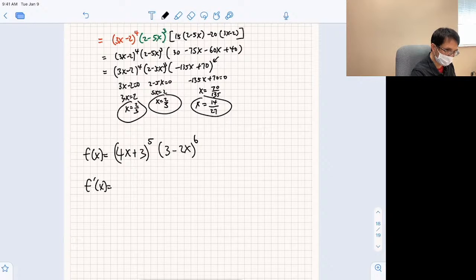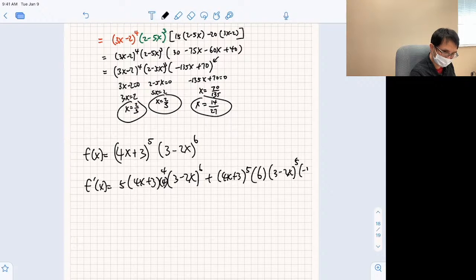Okay, if I take this 5: (4x plus 3) to the 4th times (3 minus 2x) to the 6th. And there was a 4 here, right? I forgot about that. Yep, plus (4x plus 3) to the 5th times 6 times (3 minus 2x) to the 5th times negative 2.